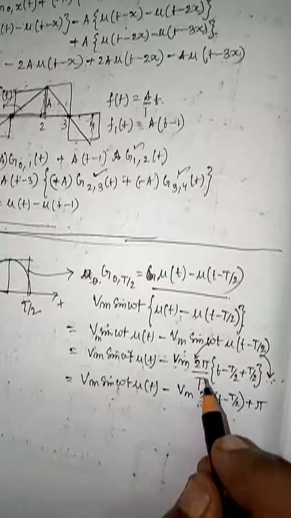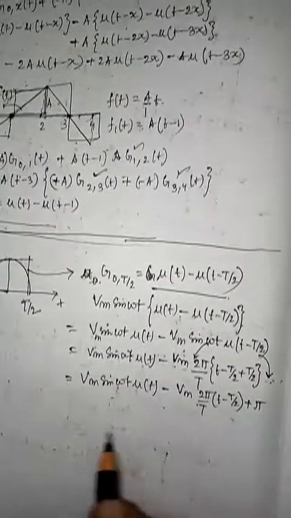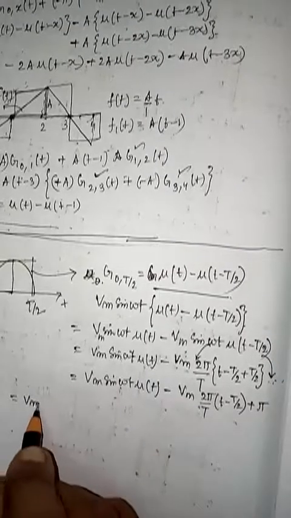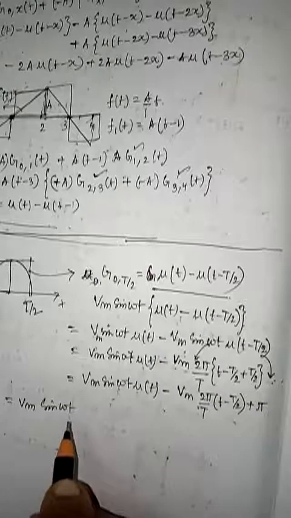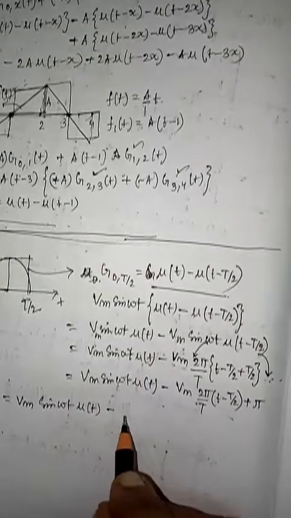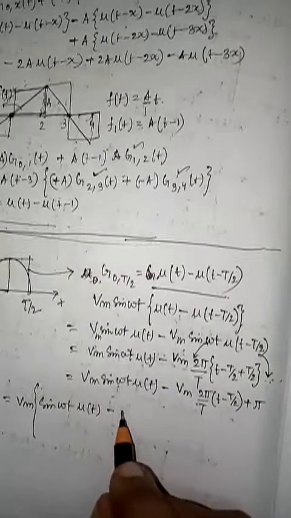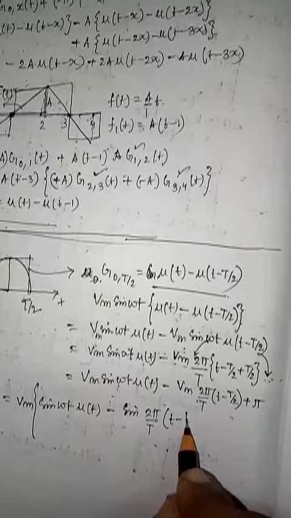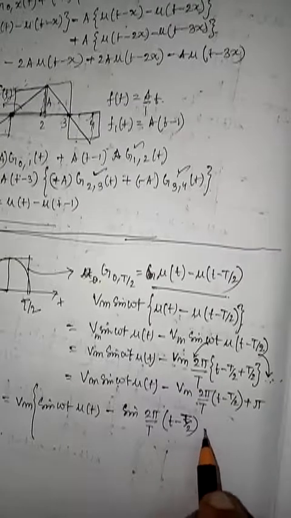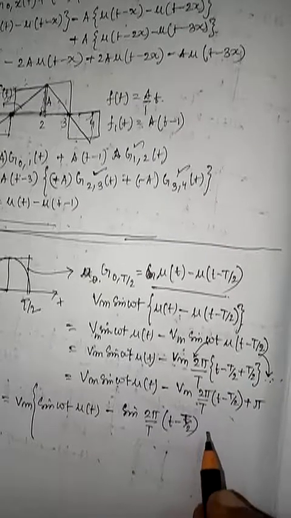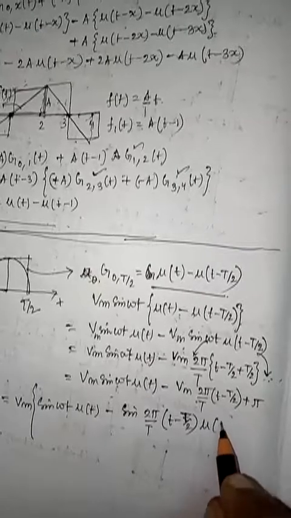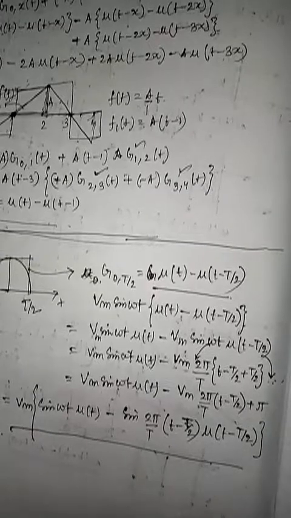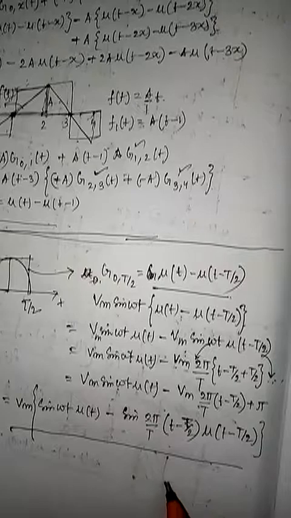I am just writing the complete expression. All the signs were missing, so right now the full expression is: Vm sine of omega t u(t) minus Vm, taking Vm as common, sine of 2 pi by T into (t minus T by 2) plus pi, multiplied by u(t minus T by 2).